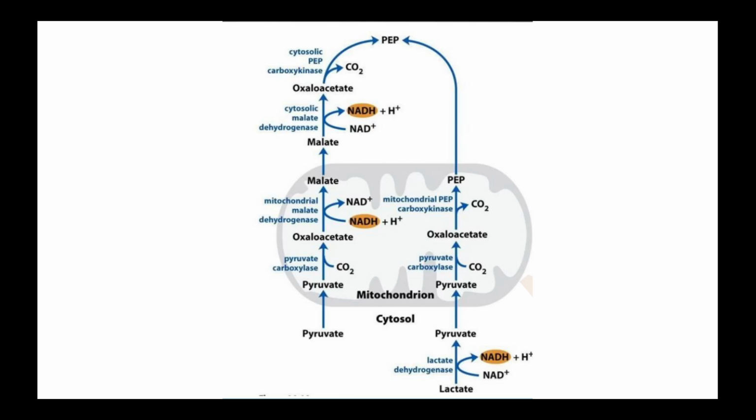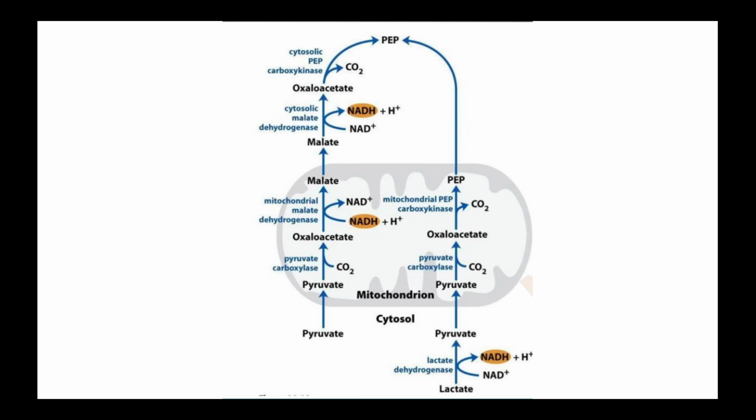That oxaloacetate now cannot be carried out of the mitochondria, because the mitochondrial membrane does not have a transporter that can transport oxaloacetate directly. So oxaloacetate is converted into malate by malate dehydrogenase, a mitochondrial malate dehydrogenase, basically the enzyme present inside the mitochondria. This malate is then transported out into the cytosol, and it is converted back to oxaloacetate by cytosolic malate dehydrogenase.